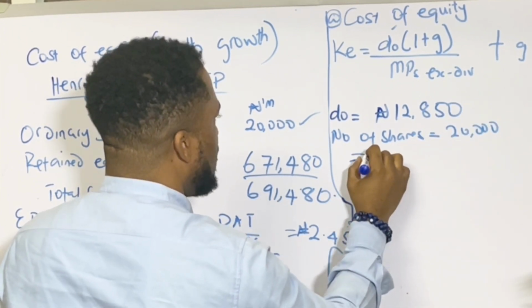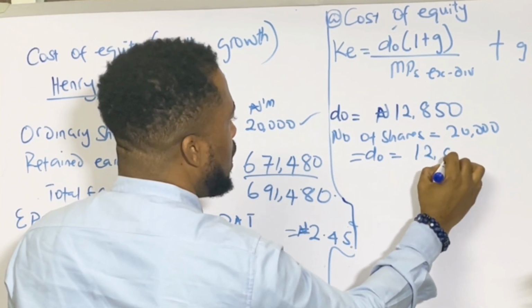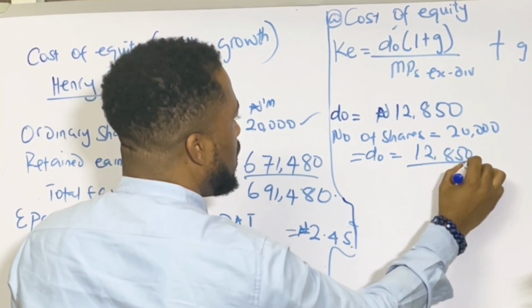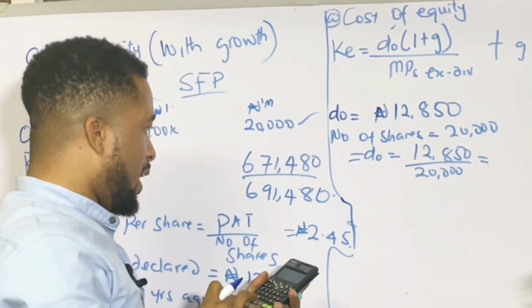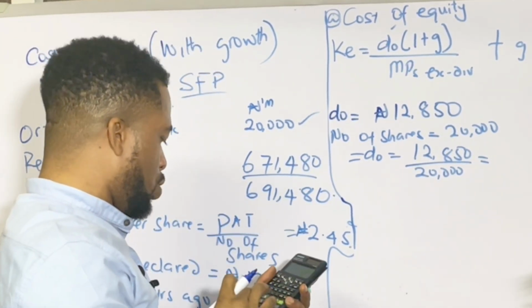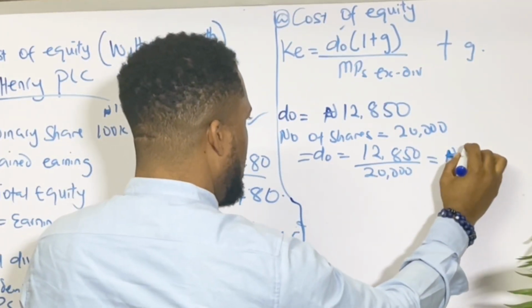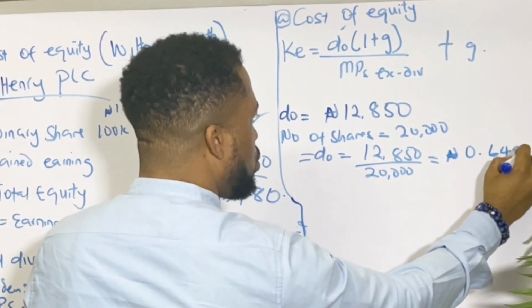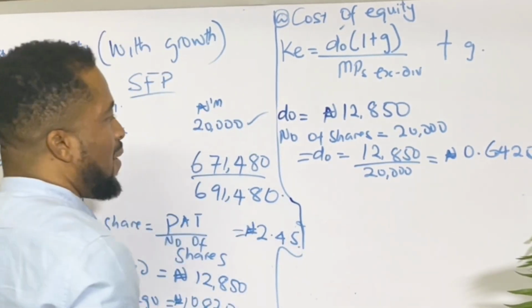So our D0 equals 12,850 divided by 20,000. If I divide 12,850 by 20,000, that should be 0.6425. This is our dividend.